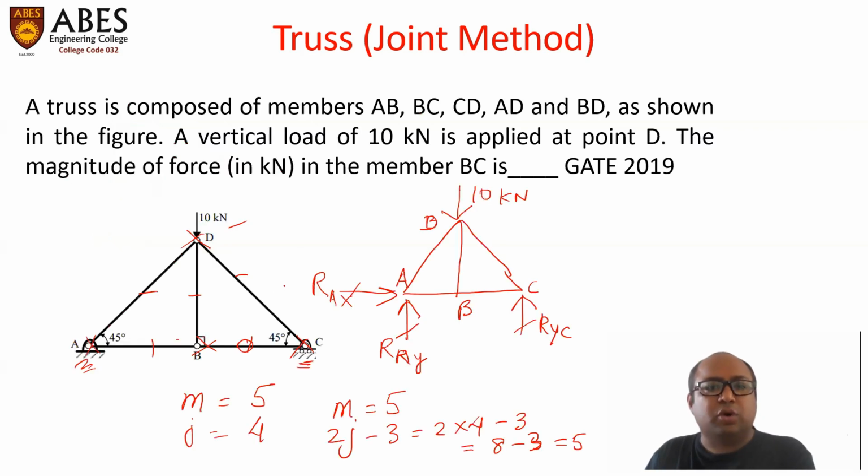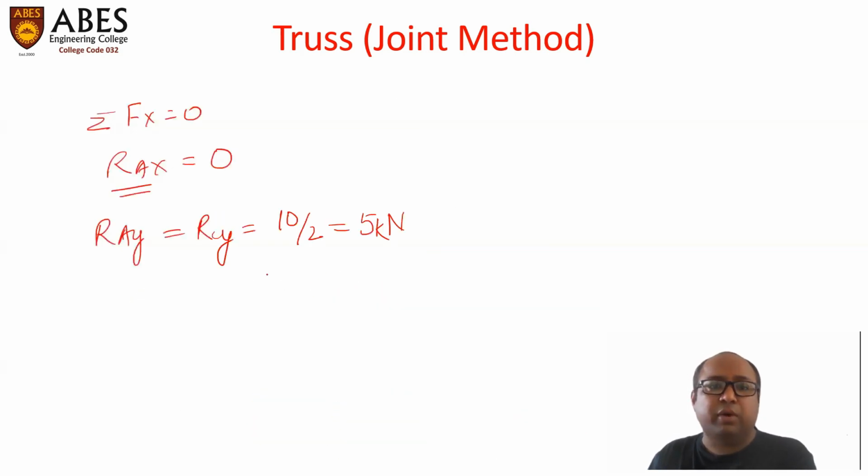Now let us go to joint C. While drawing the joint, see, this is what is unique. We are using the joint method, so we draw the FBD of each pin. I am taking the pin C and drawing the FBD.